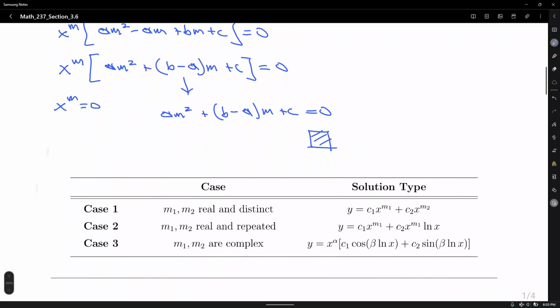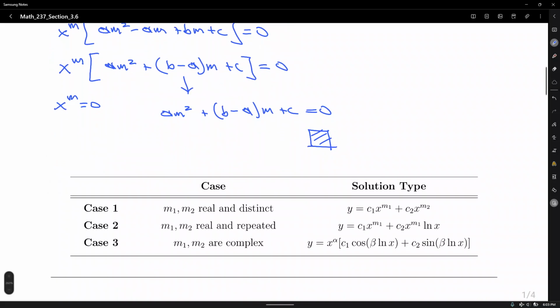Just like the differential equations with constant coefficients, for the Cauchy-Euler equation we'll have three different cases. If the solutions to this quadratic equation are real and distinct, the solution will look like y equals c1 x to the m1 plus c2 x to the m2.